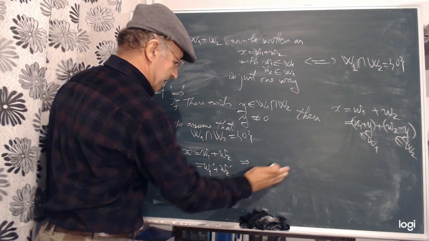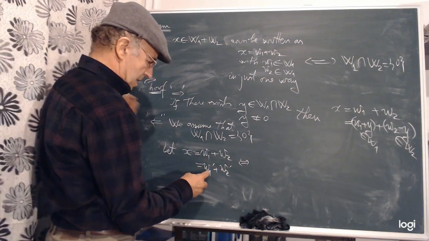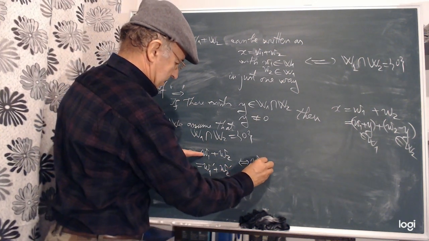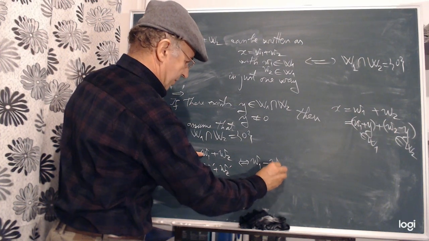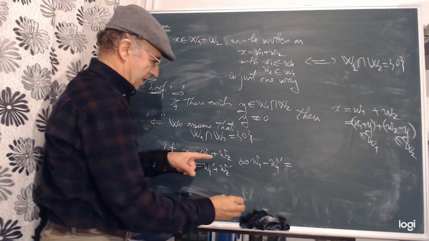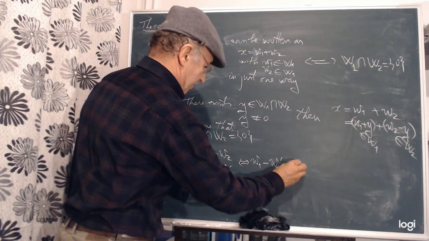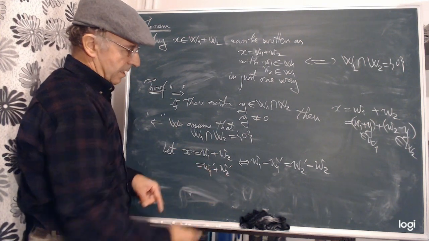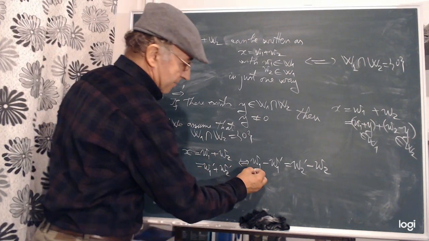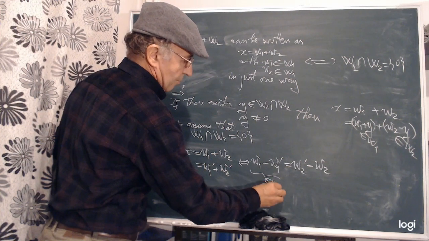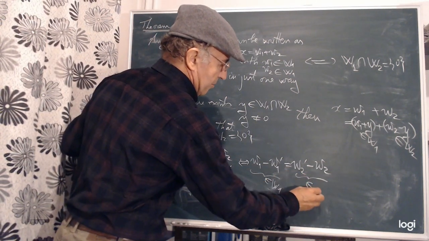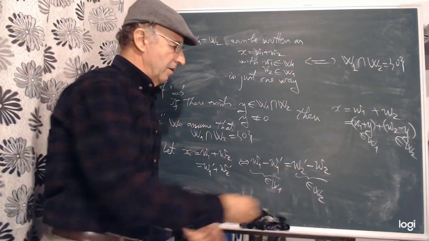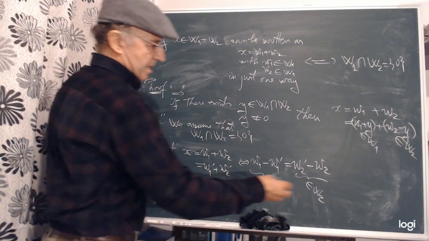From this relation we can also write the equality as w1 minus w1 prime equals w2 prime minus w2. But this vector belongs to W1, this vector belongs to W2, so both are in the intersection.